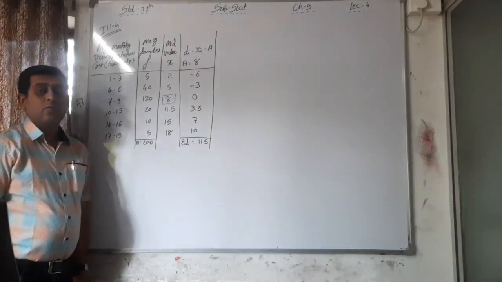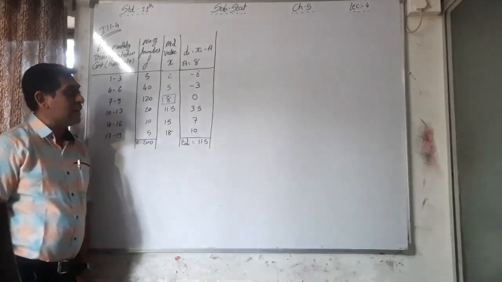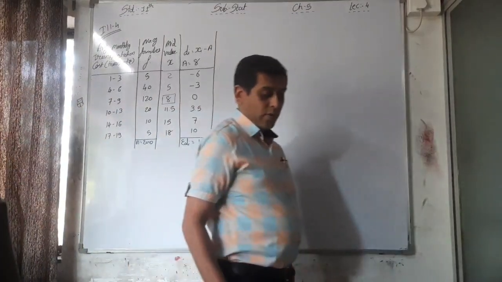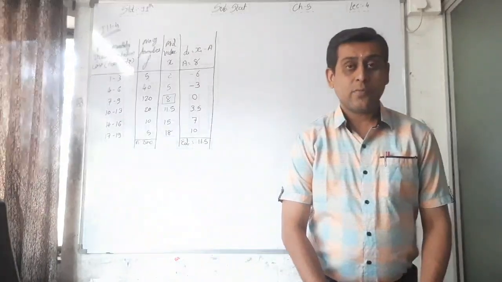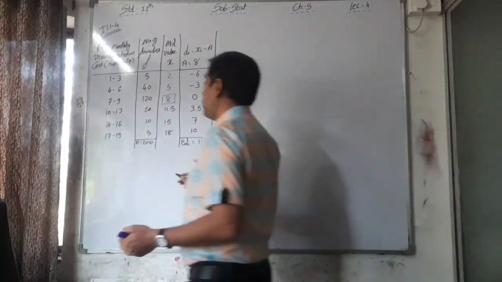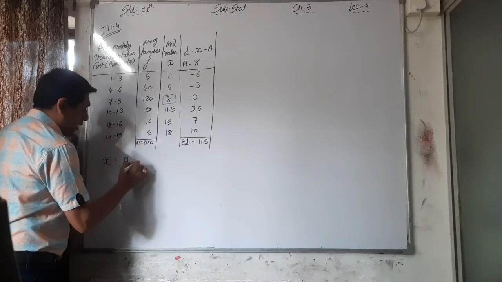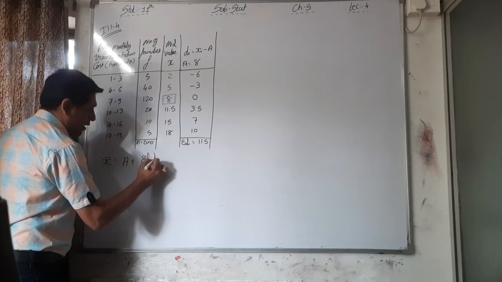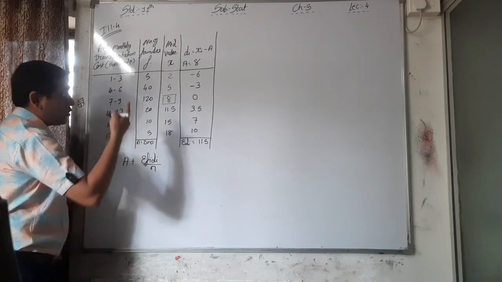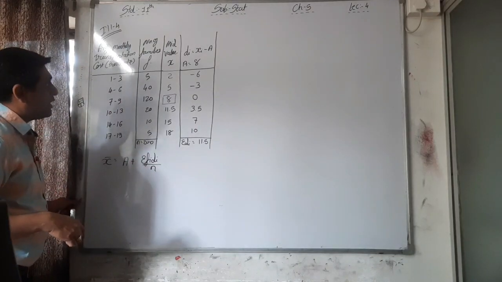We don't need the total here because we want fidi, right? Because we have to know about x bar. What is the formula? X bar is equal to A plus sigma fidi upon N into C, but here the C is not there.